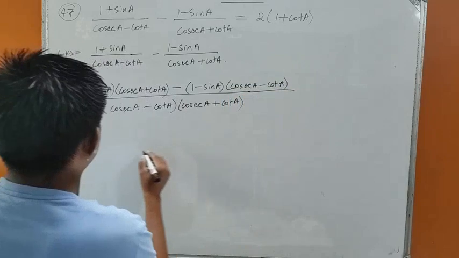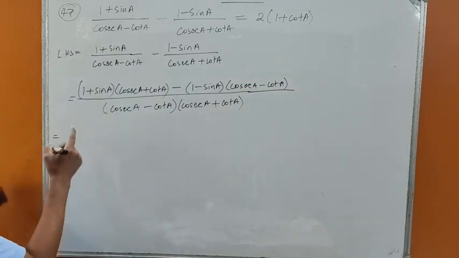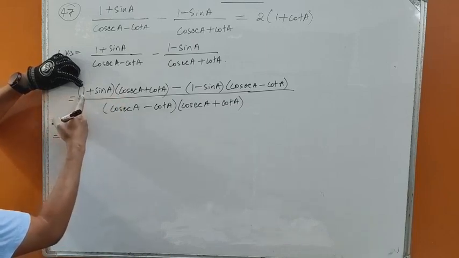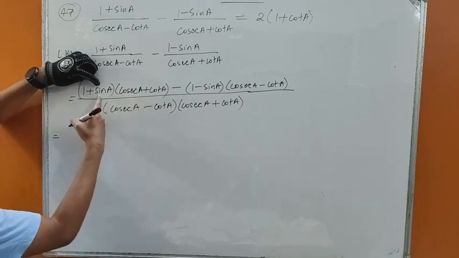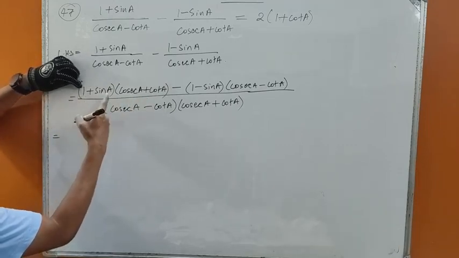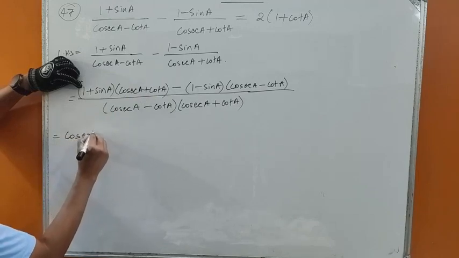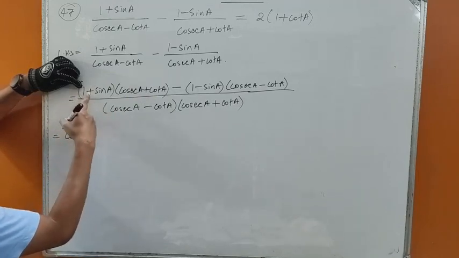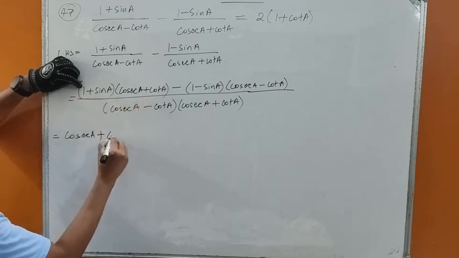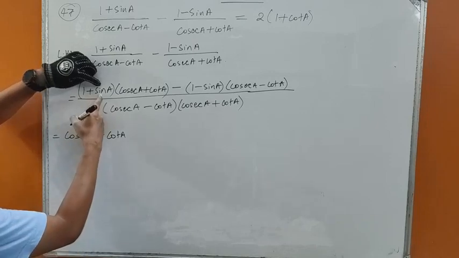Now let me start from here, we need a lot of space now. So 1 into cosec A, I'm multiplying this with this, and again sin A with this and this. So let's multiply with 1. 1 into cosec A is cosec A, plus into plus is plus, 1 into cot A is cot A. Now again I have to multiply with sin A, isn't it?